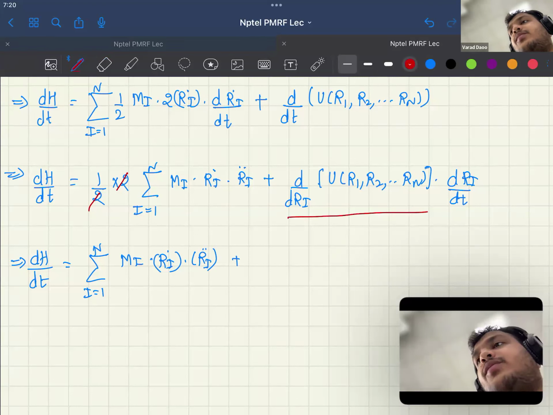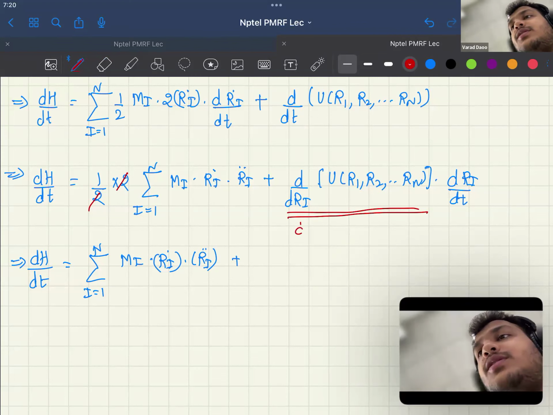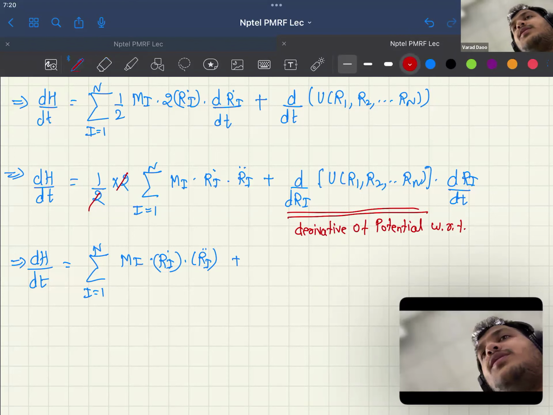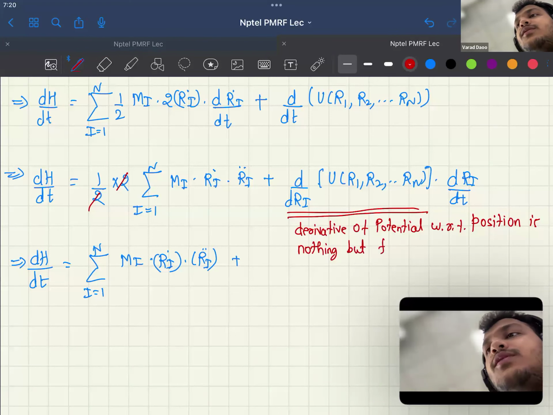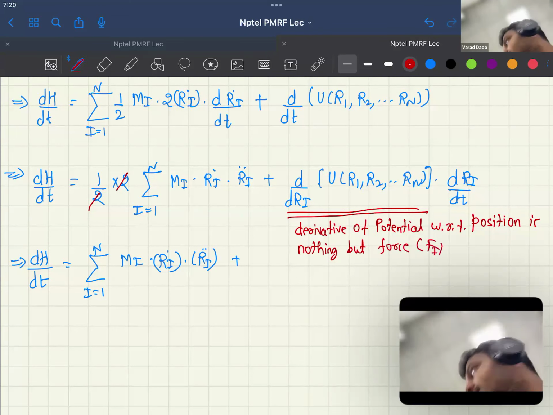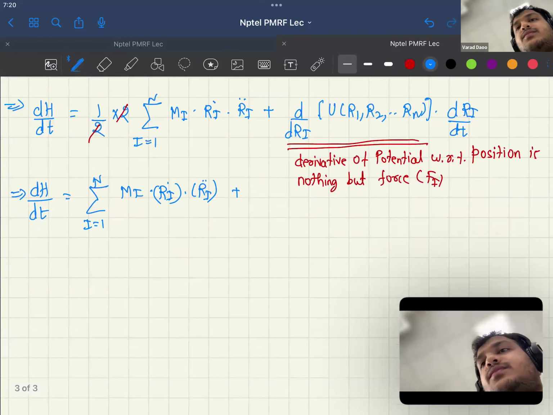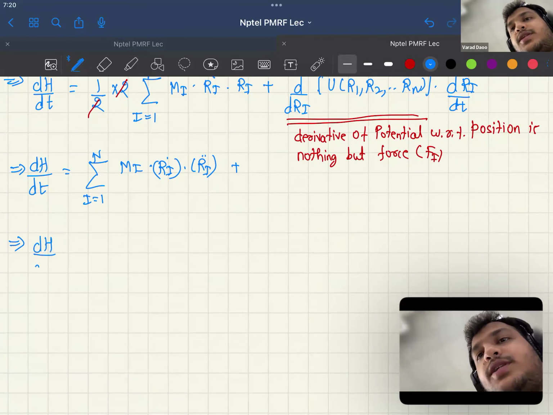The derivative of potential with respect to coordinates or position is nothing but force Fi.